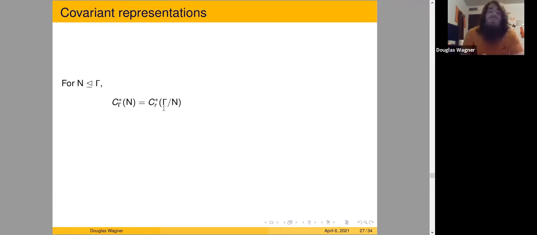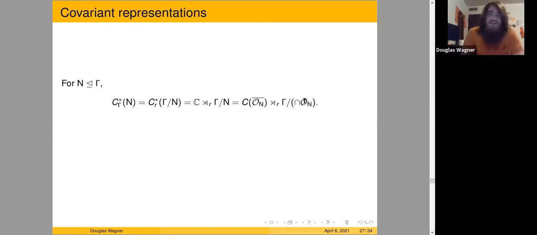So a secret about C-star algebras of groups is that they're all actually cross products with the complex numbers. And something I told you about the complex numbers is that they're just continuous functions on a singleton set. Don't worry about this intersection business.